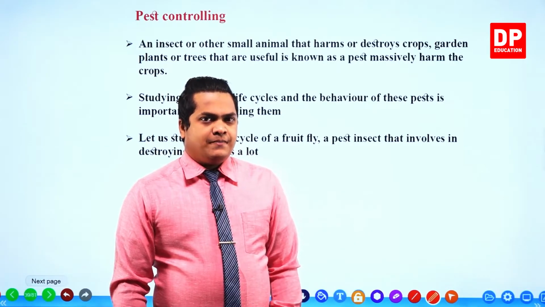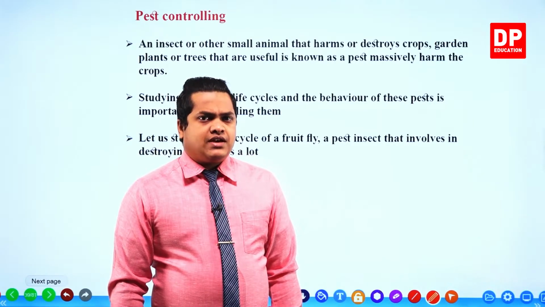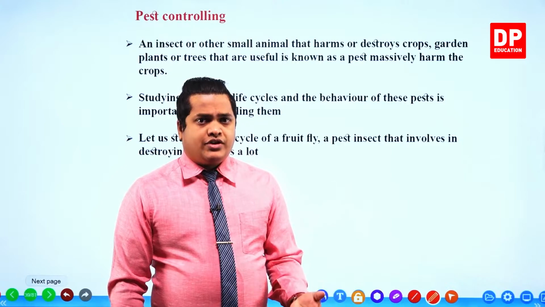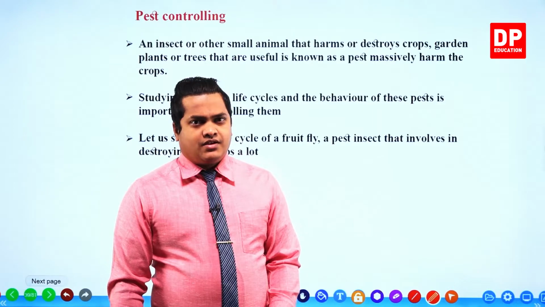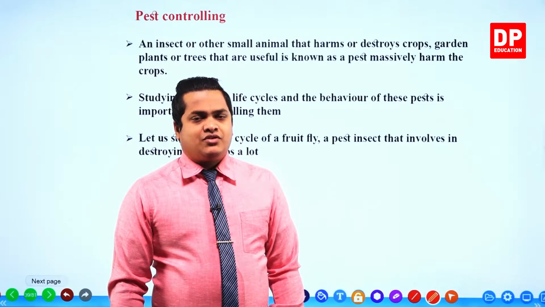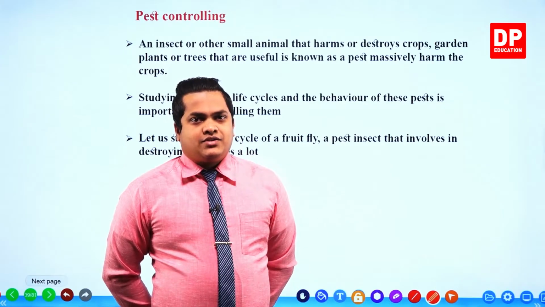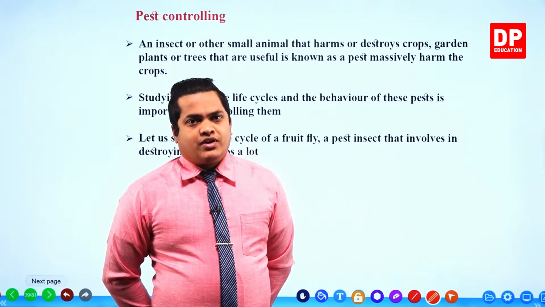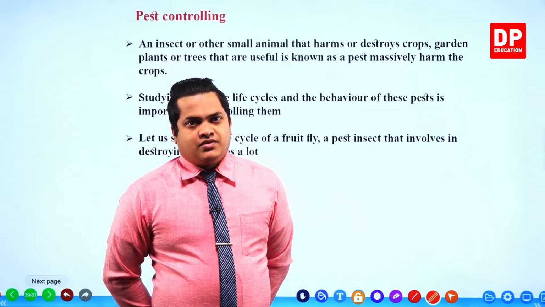For example, if you take a frog, my dear children, adult frogs are pretty difficult to eliminate. The best method to eliminate adult frogs is to eliminate their eggs or tadpoles. Removing tadpoles and eggs is the best way of removing frogs from a certain aquatic environment.